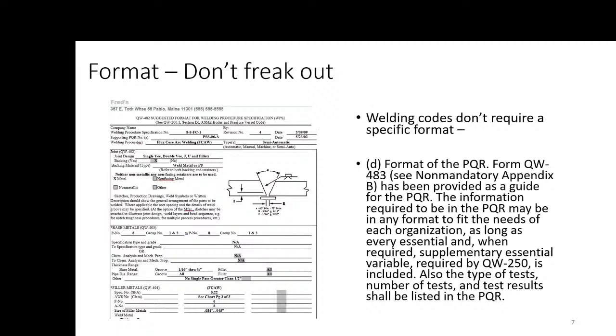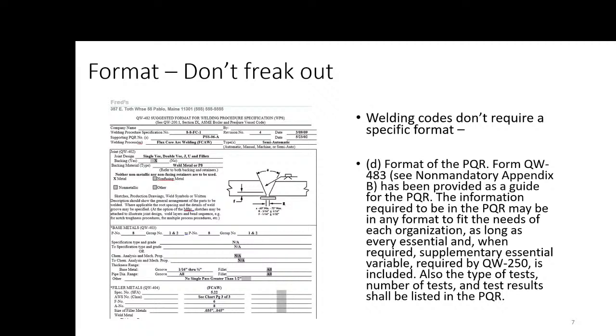And it says the format of the PQR form has been provided as a guide for the PQR. The information required to be in the PQR may be in any format to fit the needs of each organization, as long as every essential and, when required, supplementary essential variable required by QW-250 is included. Also, the type of tests, number of tests, and test results shall be listed in the PQR.